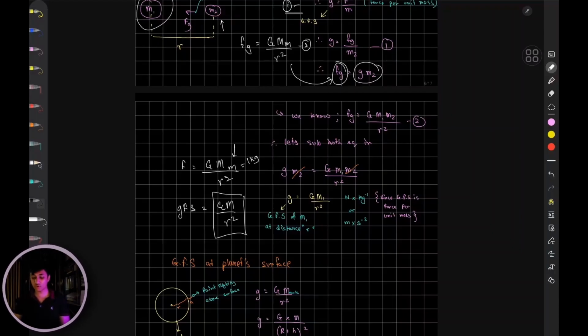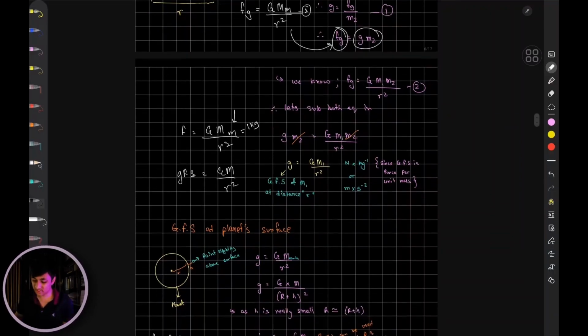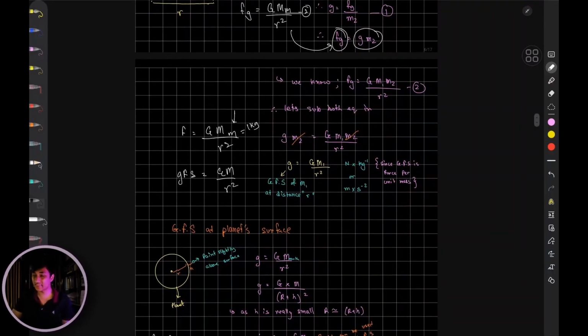So let's say you're 2 meters away from Earth. What is the gravitational field strength at that point? It is going to be G m by 2 squared. And if you know the gravitational constant, and if you know the mass of Earth, you can find out the gravitational field strength due to the Earth's mass.